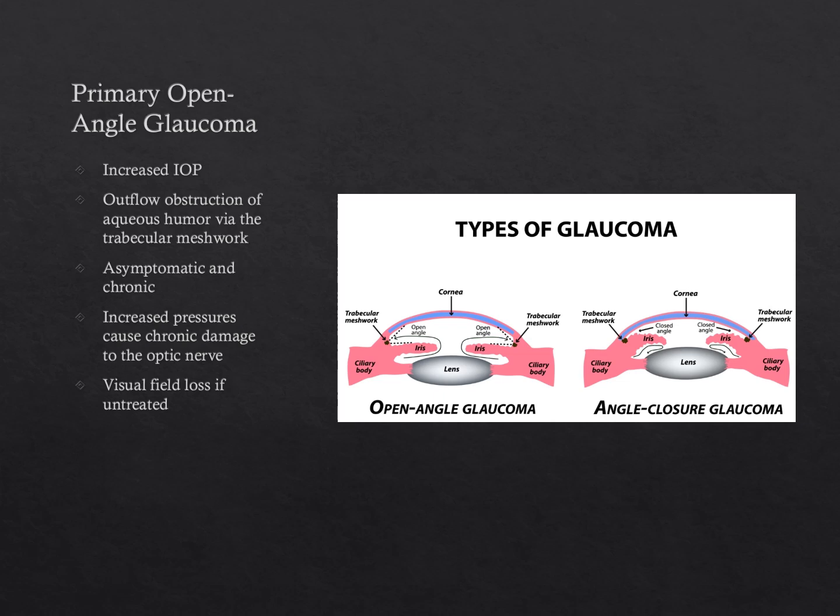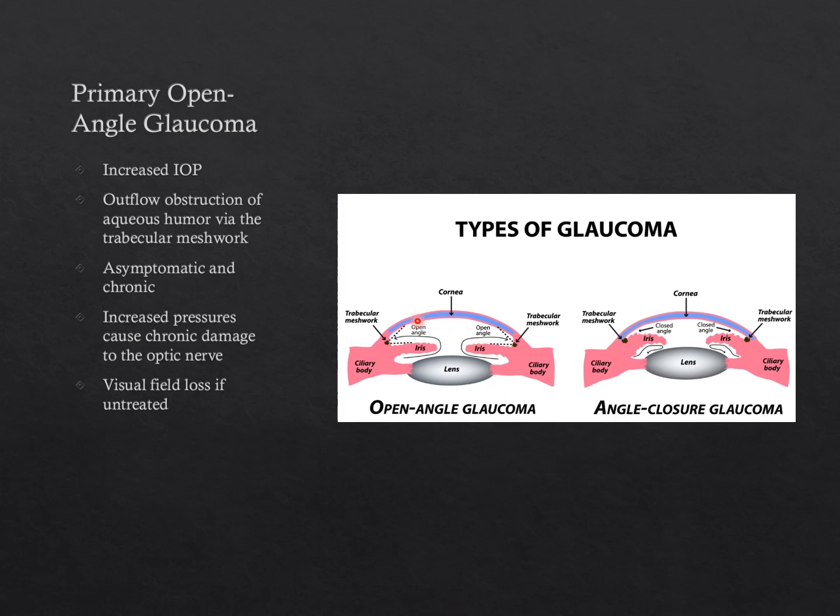So this is something that we need to screen for in people to recognize if it's happening and treat, because if that intraocular pressure is allowed to persist over time, it can start to lead to blindness, because those increased pressures cause chronic damage to the optic nerve. And that can over time lead to visual field loss if that pressure is not treated.